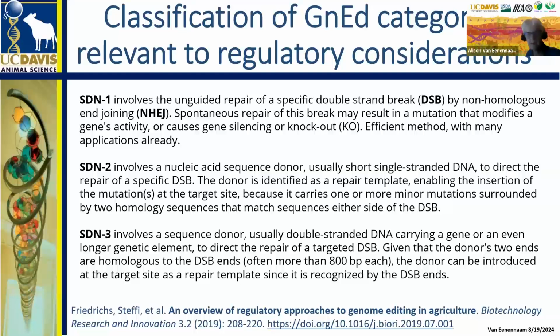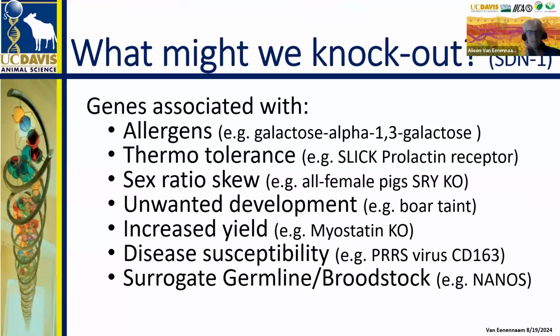So SDN1s or knockouts are things that we might use to knock out, for example, genes associated with allergens that make people allergic to milk, for example, or we might use it to inactivate a gene that gives an animal thermotolerance, and we'll hear that example given in the cow section with things like the SLIC mutation.